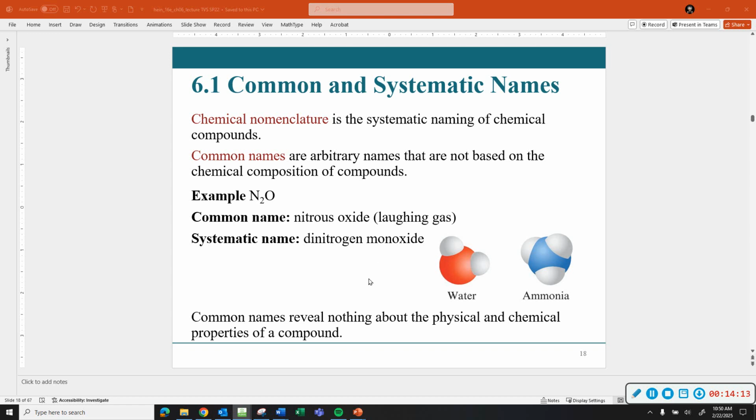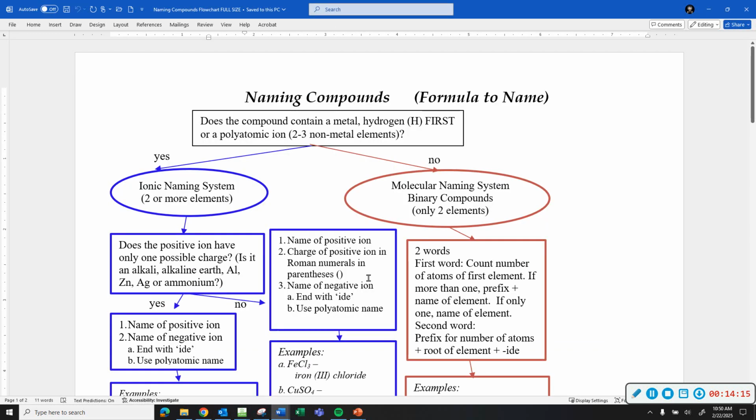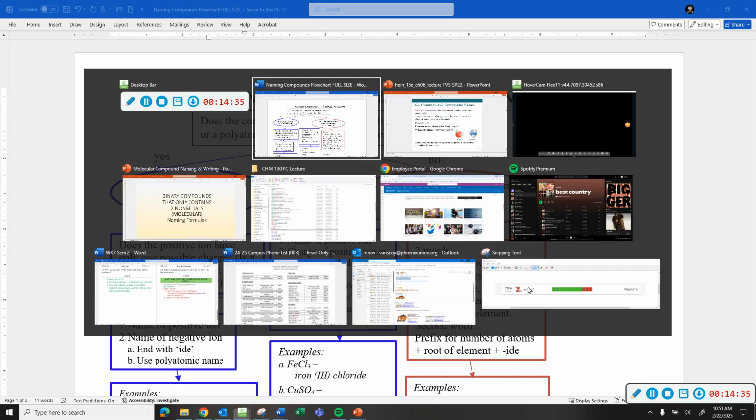So like I said, I want to caution you. I want you to follow the flow chart that I give you, not just look up answers on the internet, because you're not going to know, is this the true inorganic name, or is this the common name, or is this the organic naming system? It's just better for you to learn from the flow chart and just follow that. Okay?